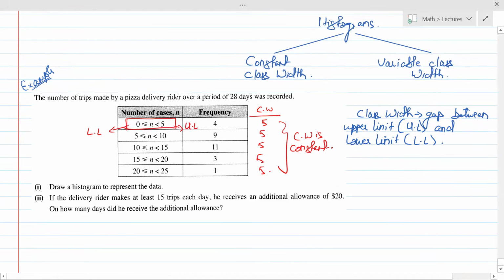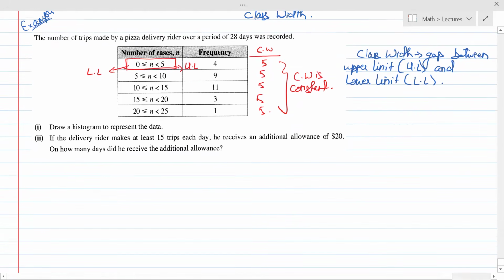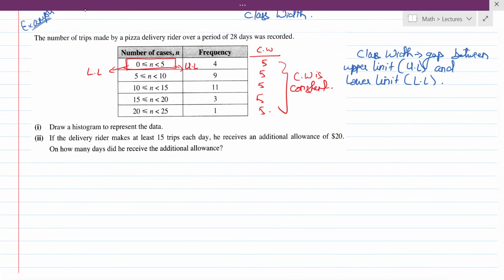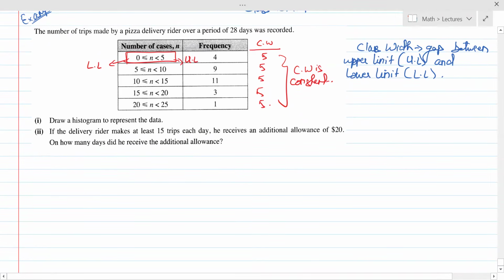So whenever we have the class width constant, we always draw the histograms where we have the frequencies representing the heights of the rectangles and classes representing the breadths of the rectangles to be drawn. So you have to draw the rectangles.